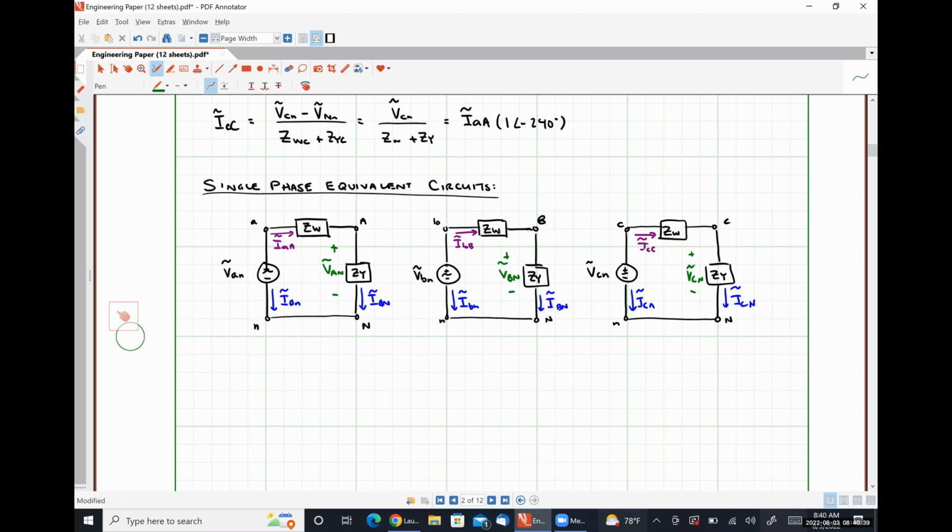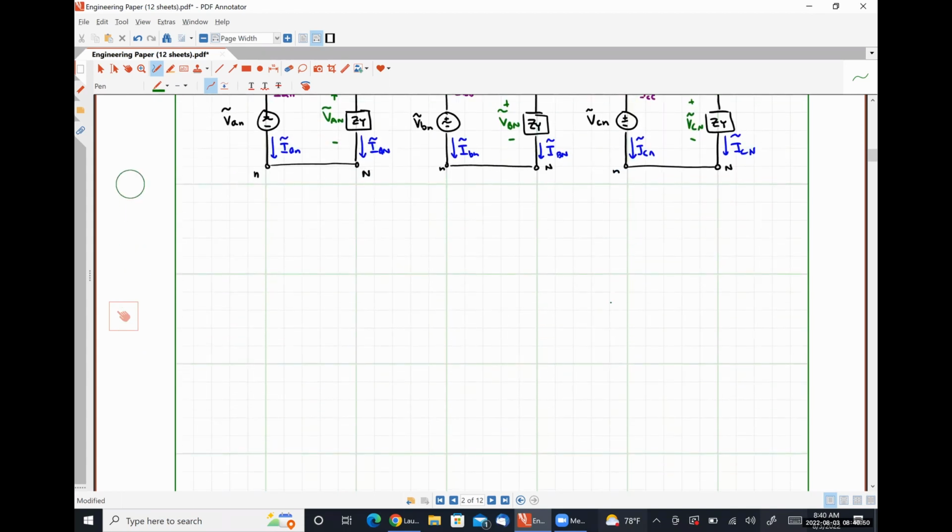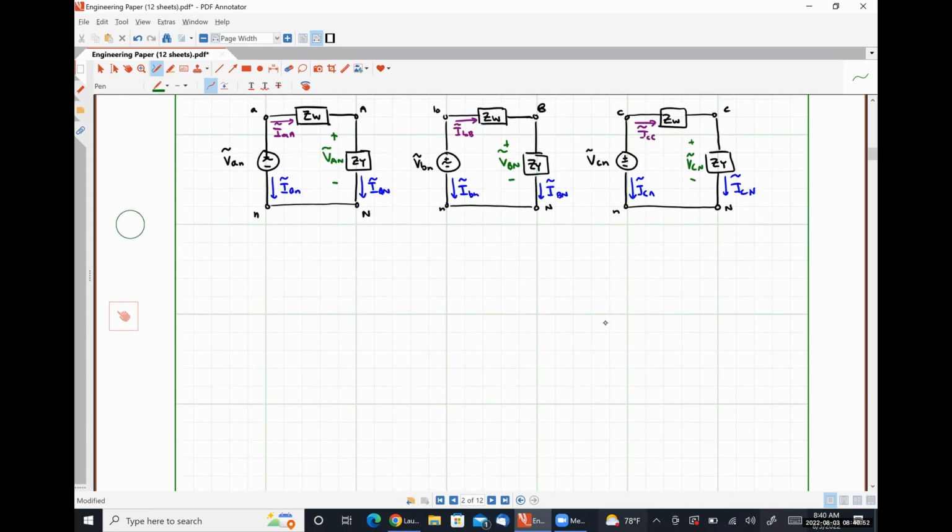So let's work a simple example here, just to illustrate how to use our single phase equivalent circuit.